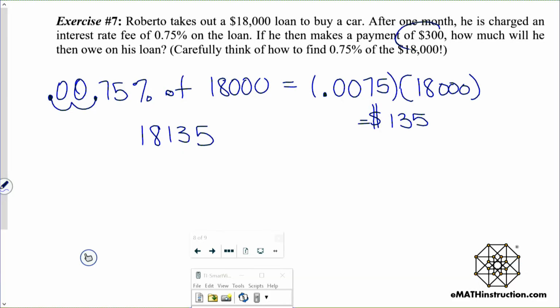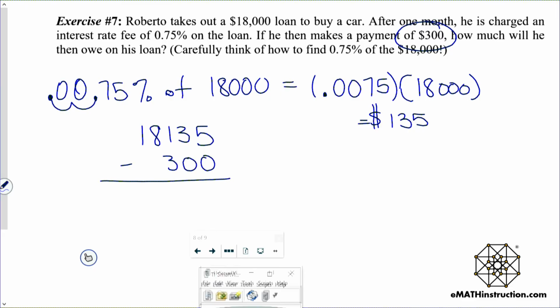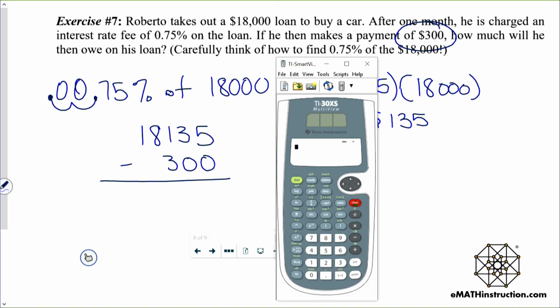But then he makes a payment of $300. So that ends up being deducted from what he owes, in which case we can easily now figure out how much he owes on the loan by subtracting off the $300 payment, and Roberto will owe $17,835.